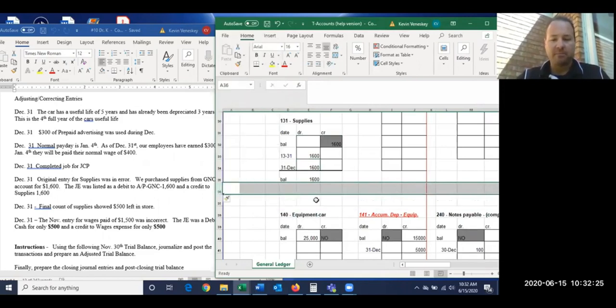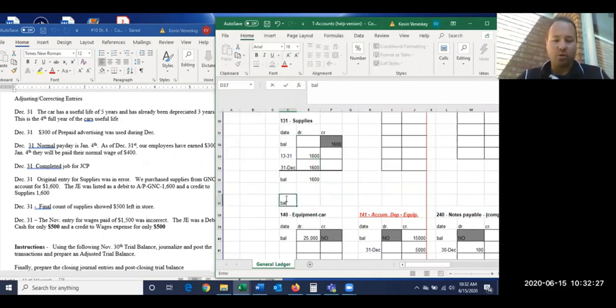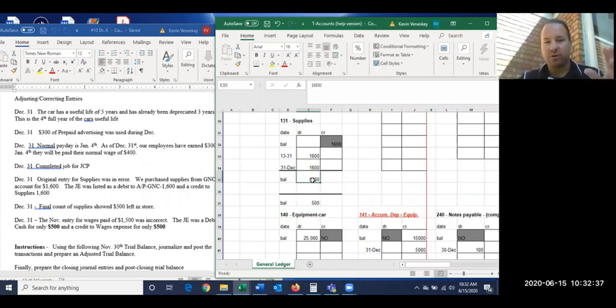But it says that my real true balance when I'm all done should be only $500. So we were at 1,600 after doing all the corrections, but we really don't have 1,600 anymore because I've actually used some. This is where the adjusting entry comes into play.